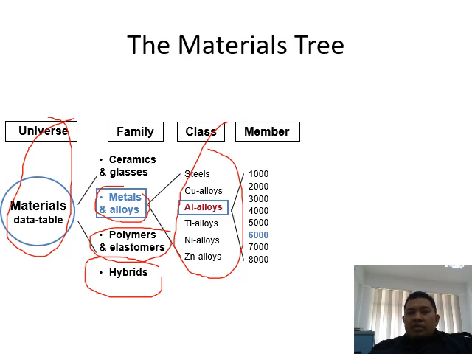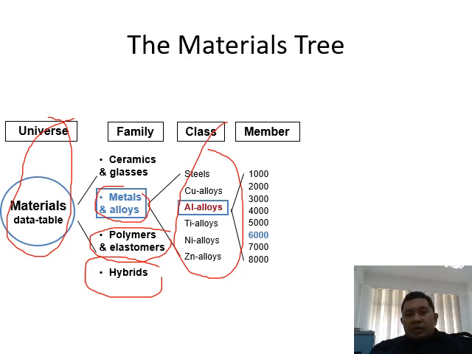As you increase the number of series, you can have a lot more alloying elements inside the aluminum alloy. The aluminum becomes the base, and then you can add magnesium, copper, silica, and so on.